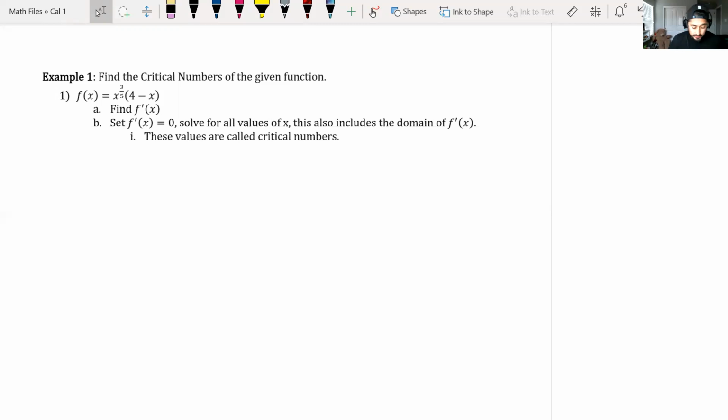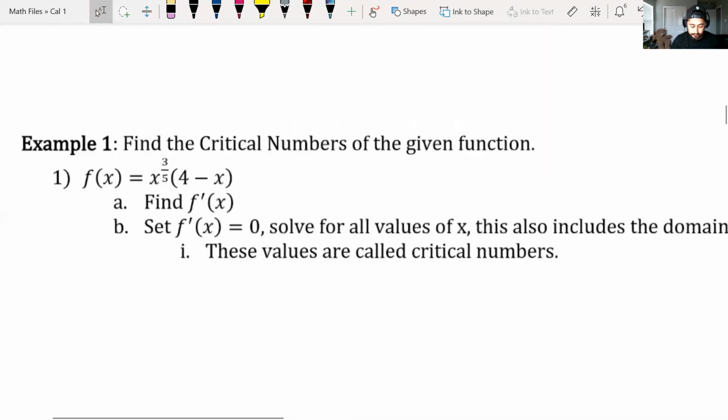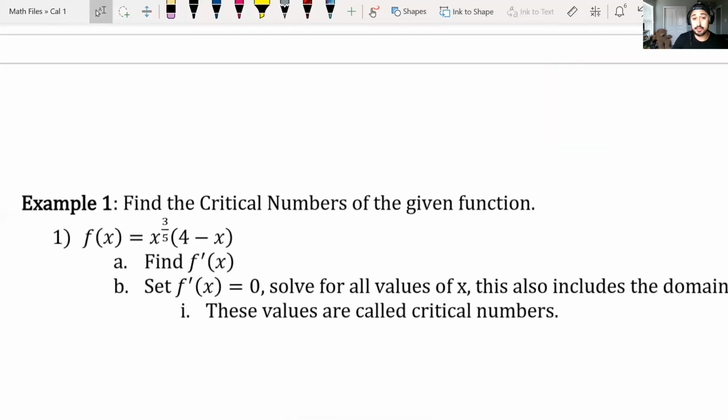Okay, so number 1, find the critical numbers. The first thing we're going to do is take the derivative. But before I take the derivative, I'm going to distribute this x to the 3/5. It's going to make our work easier, unless you really want to use the product rule. Your call. I'm going to distribute it.